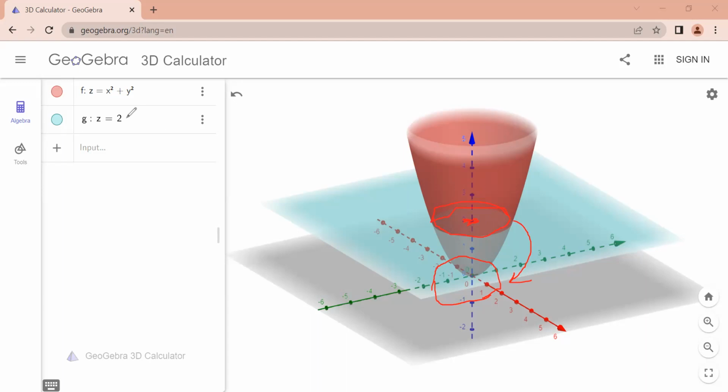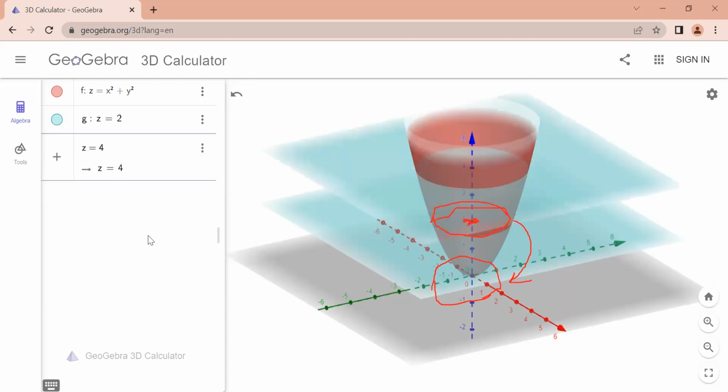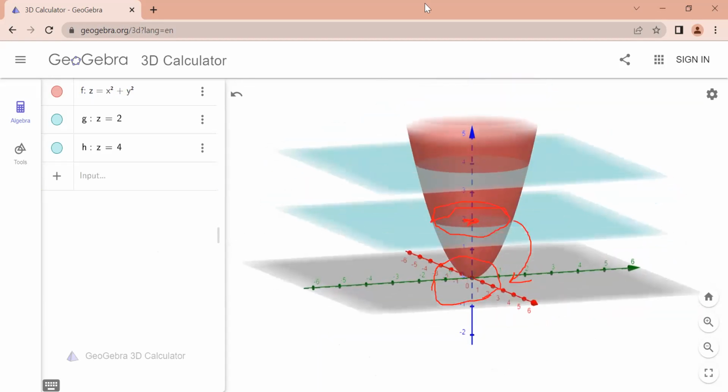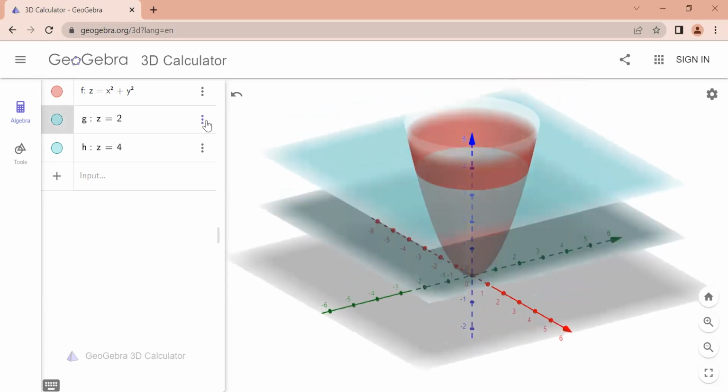So we substitute a fixed value for z, and after that we draw the graph. For example, let's check z is equal to 4. Let's delete this z is equal to 2 now.